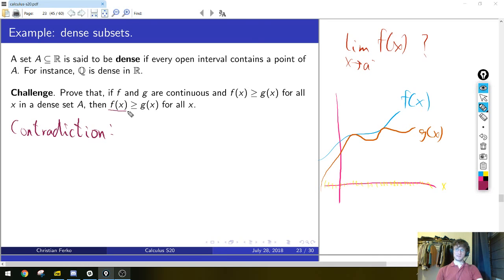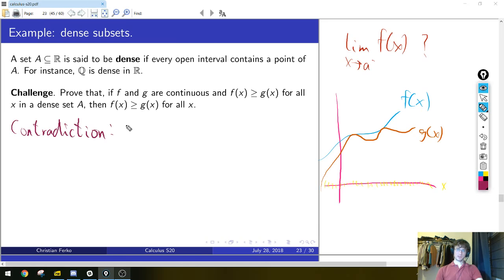If it's not true that f is bigger than g for all x, all we know is there exists at least one x where f is less than g, right? If it's not true for all, that means there's one where it's not true. That's the negation of for all.